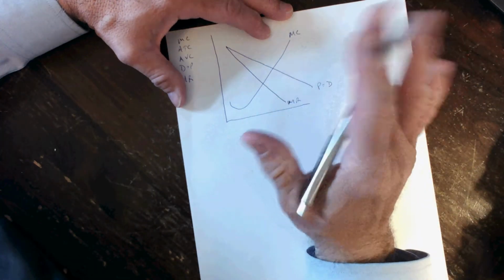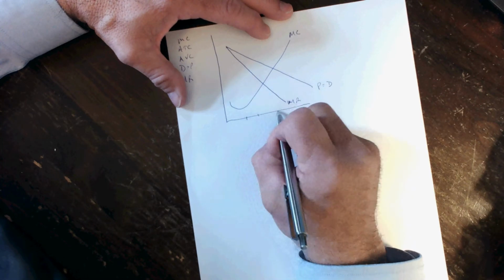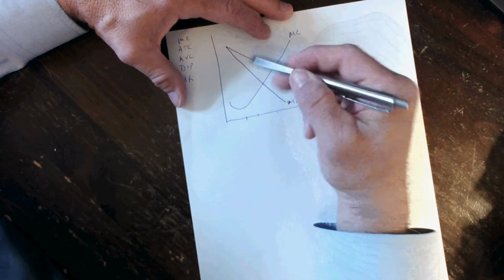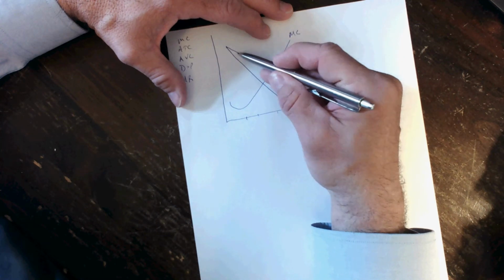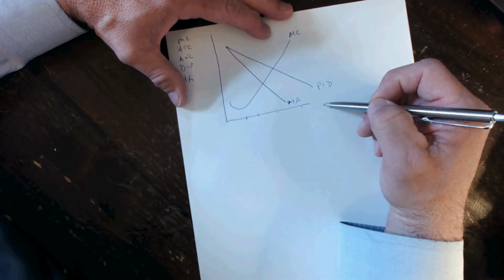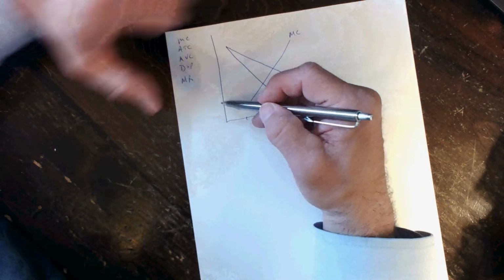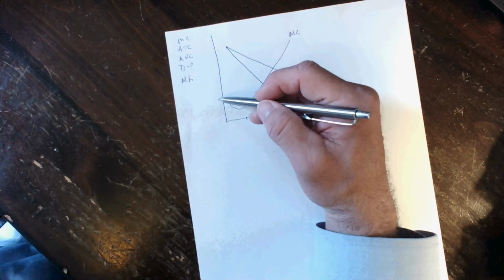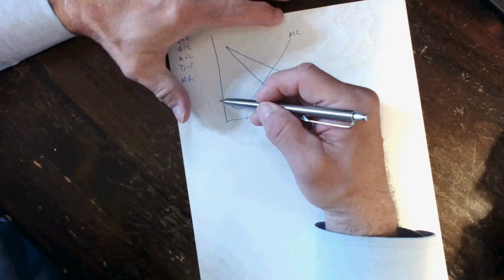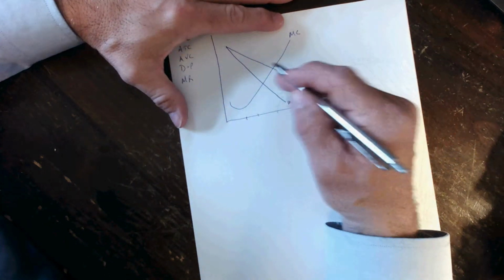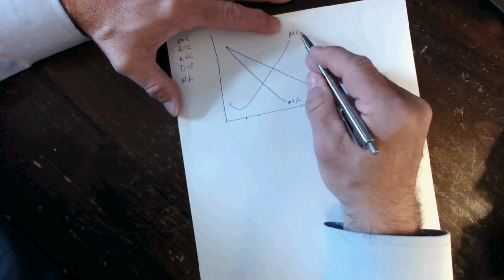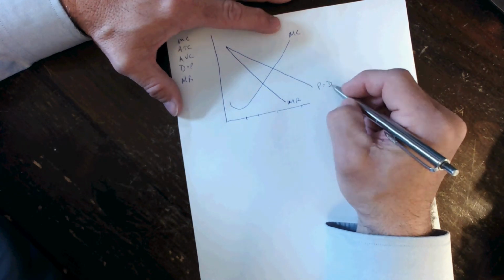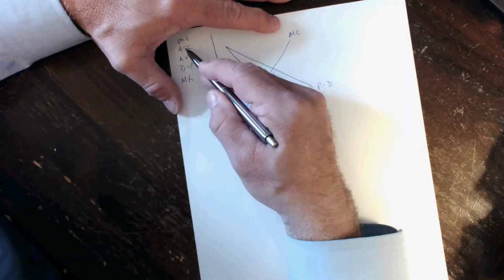As we demonstrated in a prior video, at every quantity price is going to be greater than marginal revenue, because to sell more quantity the firm has to lower its price. It's going to lower its price on the current unit as well as all the prior units, and that's going to reduce its marginal revenue faster than price. So now we've got our marginal cost, marginal revenue, and price. Now it's just a matter of where we draw the average total cost and average variable cost.